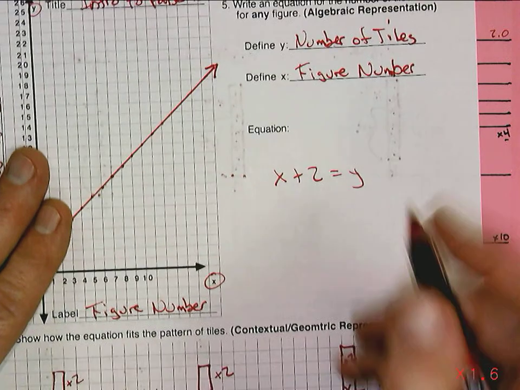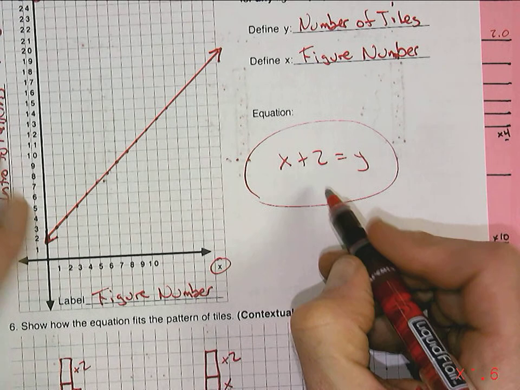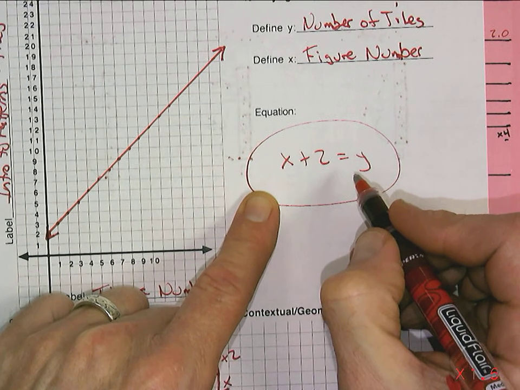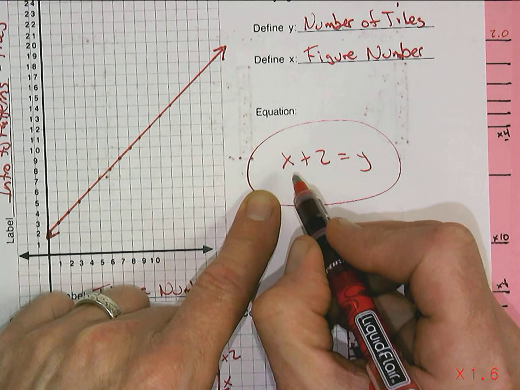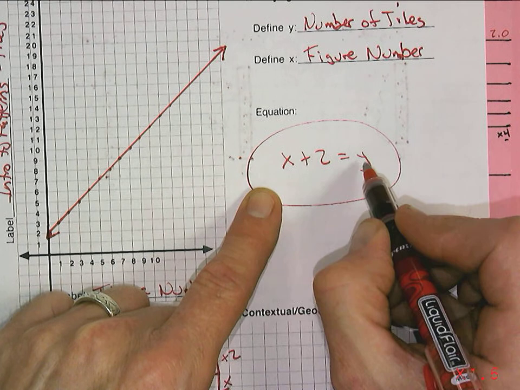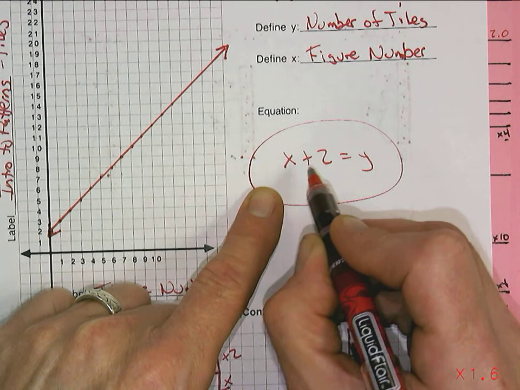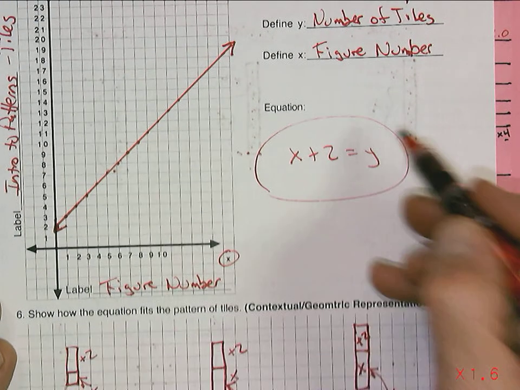We have an algebraic representation in an equation. This is sort of what we consider to be what we normally see with algebra, is some sort of an equation that represents something that's changing. See, x is changing and so is y. As x changes, so does y in a predictable way. And that's what algebra allows us to do. So that's our algebraic representation.